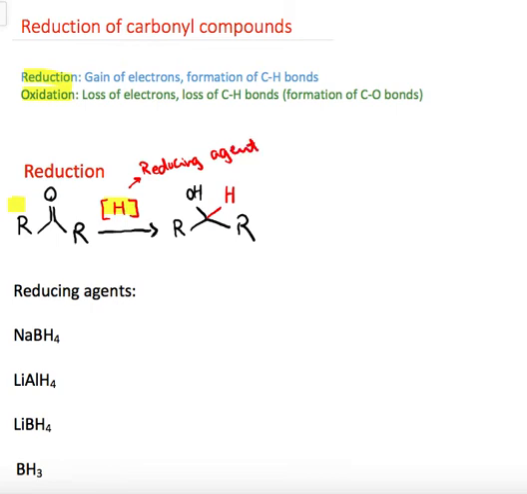And if we look at the definition, it was reduction, gain of electrons, or formation of carbon-hydrogen bonds. Here, we're going to ignore the R groups. We have a carbon-oxygen double bond, and if we look at the product, we now have one carbon-hydrogen bond and one carbon-oxygen bond. So we formed one carbon-hydrogen bond, and this is what we mean by reduction.